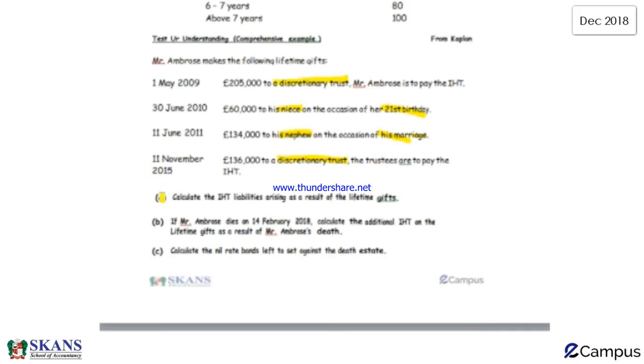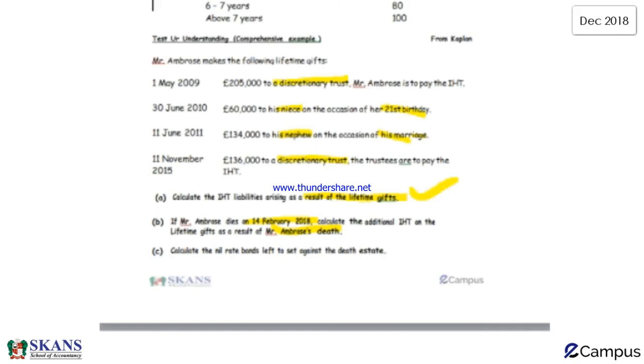What we are required to do is calculate IHT liabilities as a result of lifetime gifts. And then we have to do that again, but this time if Ambrose dies on 14th of February 2018 after making these transfers, calculating additional IHT on the lifetime gifts as a result of Mr. Ambrose's death.